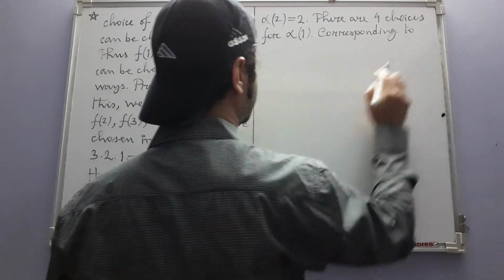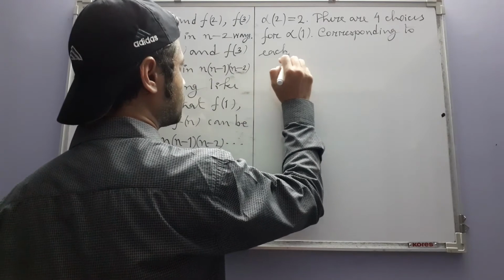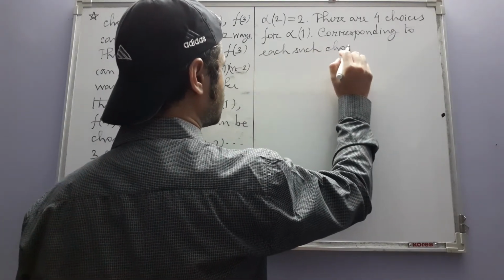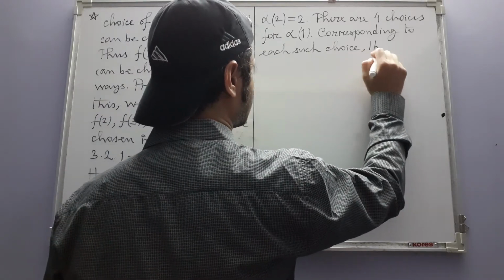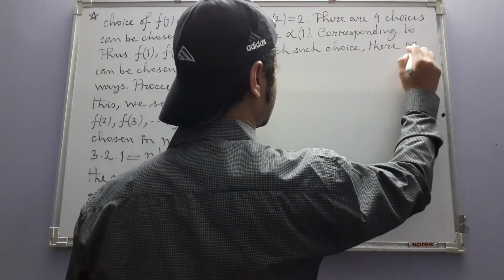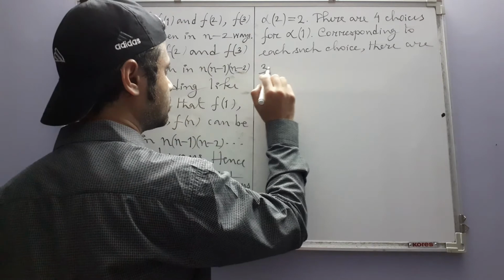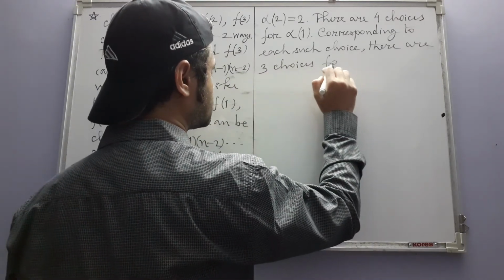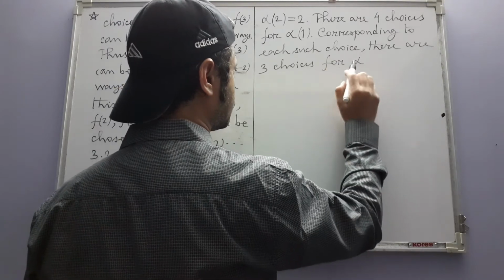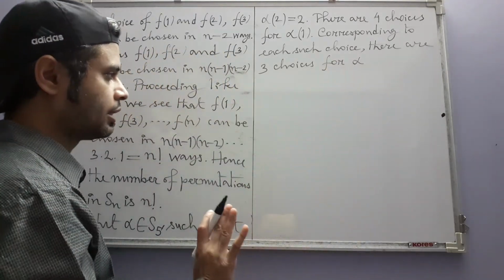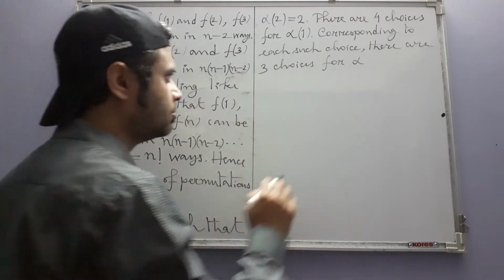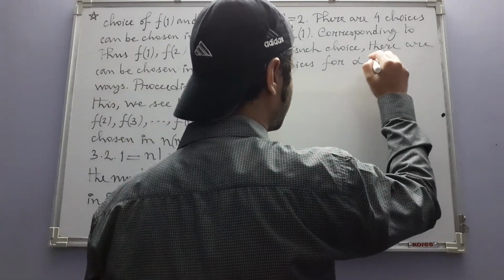Corresponding to each such choice there are 3 choices for alpha of 3. Don't write alpha of 2. Alpha of 2 has already been chosen and it is fixed, it is equal to 2.